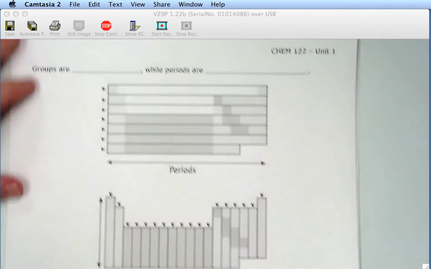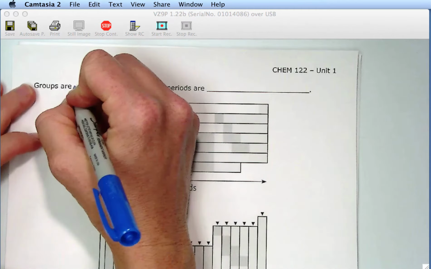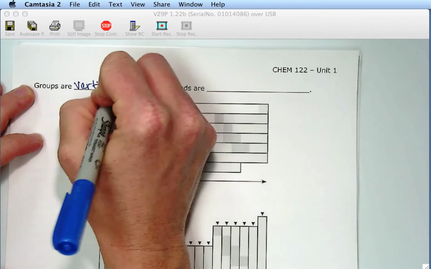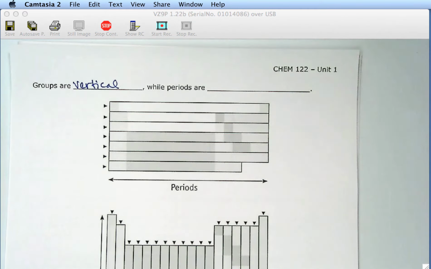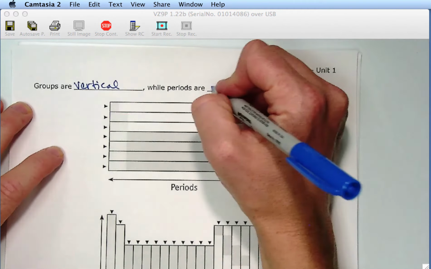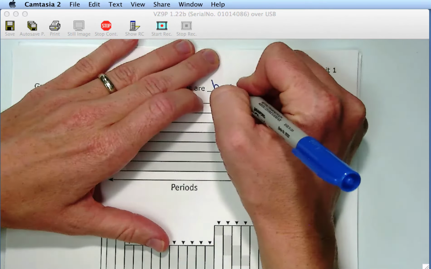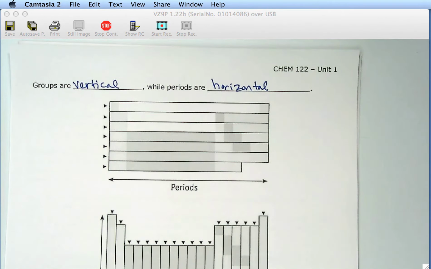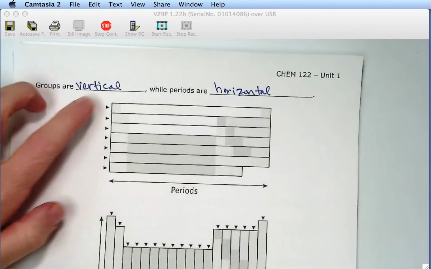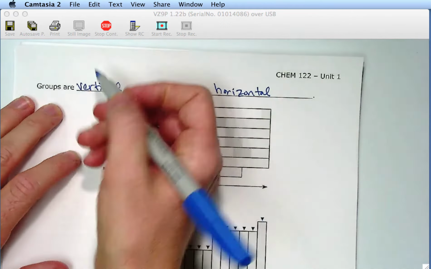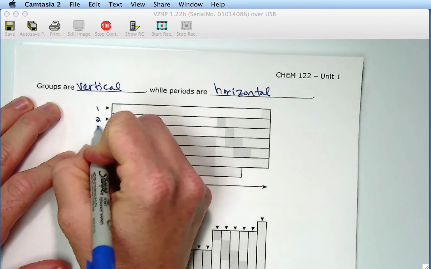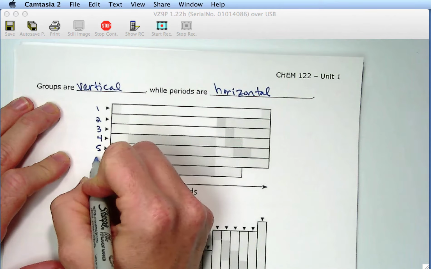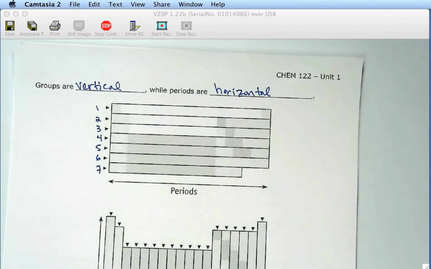So groups are vertical, while periods are horizontal. So the periods are numbered. We have 1, 2, 3, 4, 5, 6, 7. As are the groups.